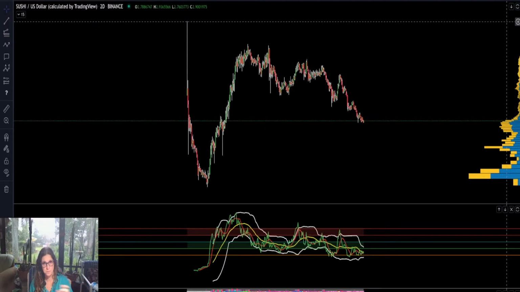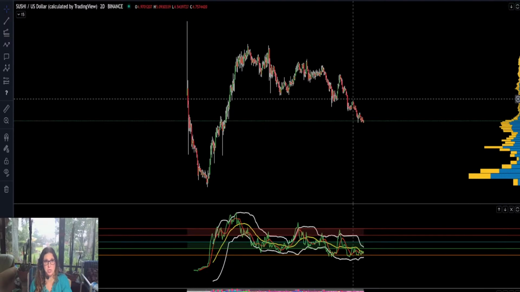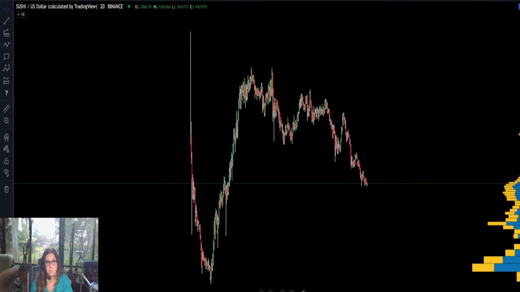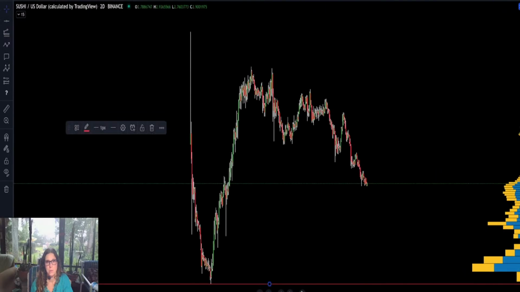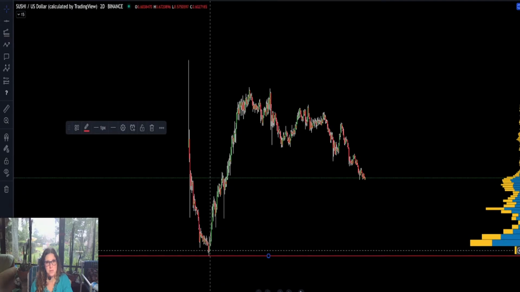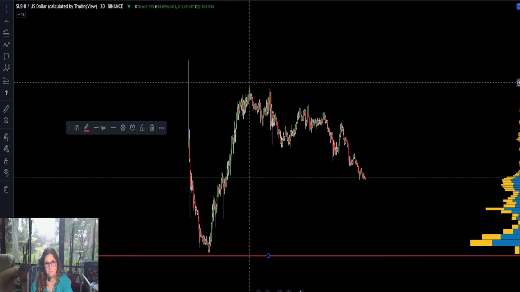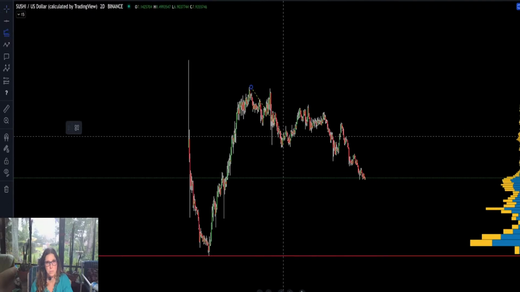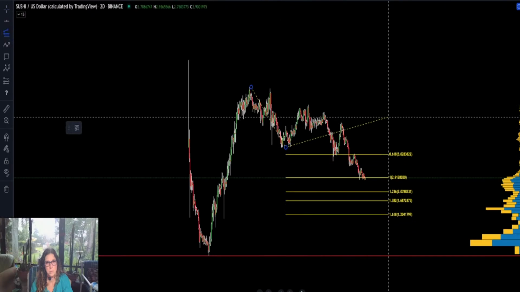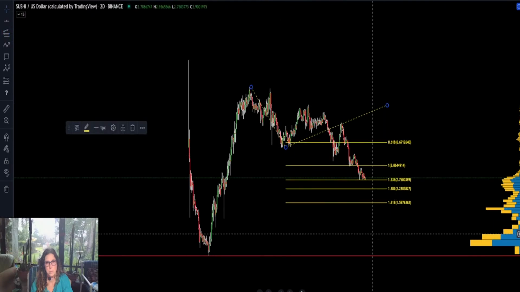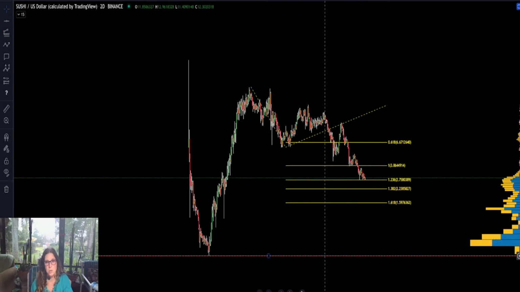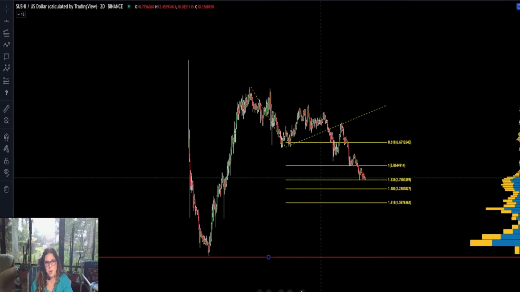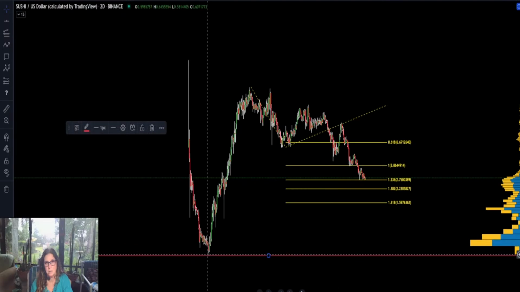All right, so what's happening, I think, with sushi here? I think that this is a 5-wave move, and this is correcting for a wave 2. So the only thing you don't want it to do is break this bottom. Okay?